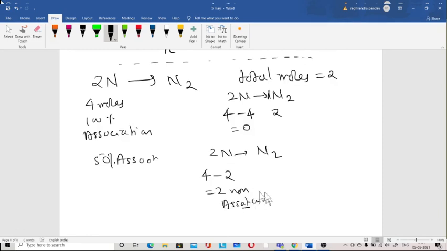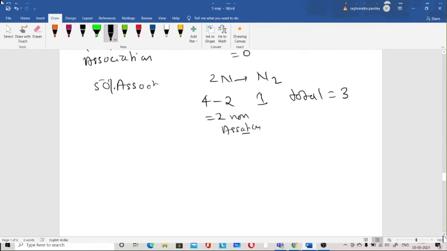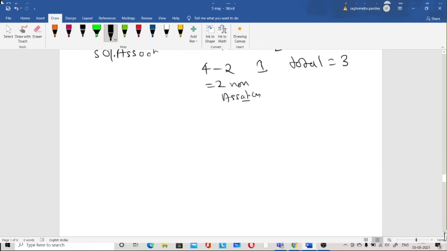So 2 will give 1. Total 3 moles. Yes, you are getting it correct. Any other query? No, sir. So this is how we calculate in association.